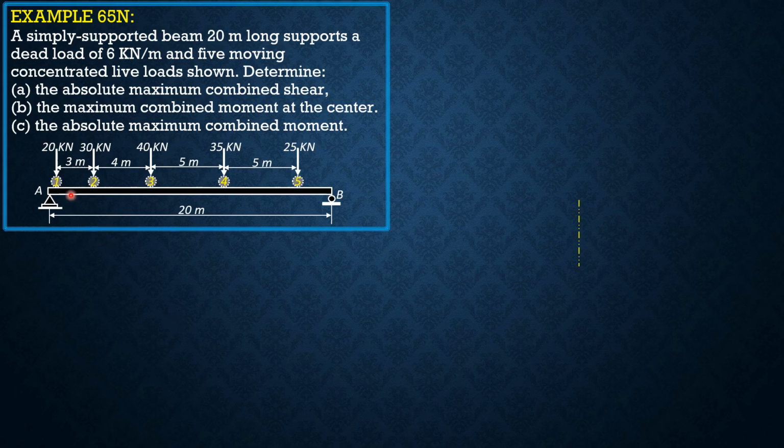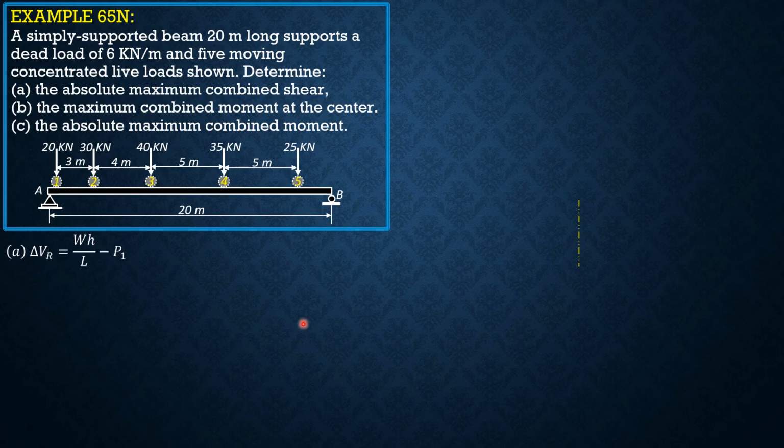So load 2 over A, the criterion, by the way, delta VR is WH over L minus P1 only, because we are computing for the reaction, and there will be no incoming load because 3 plus 4, 7 plus 5, 12 plus 5, 17 is less than 20. So delta VR equals WH over L minus P1.